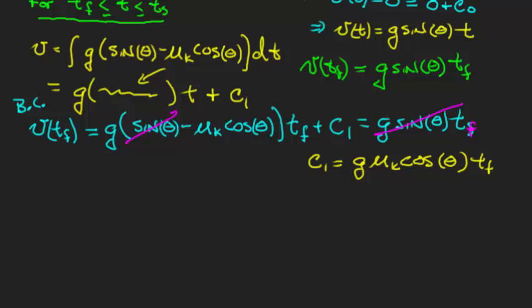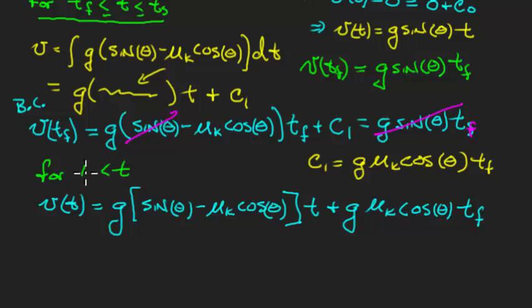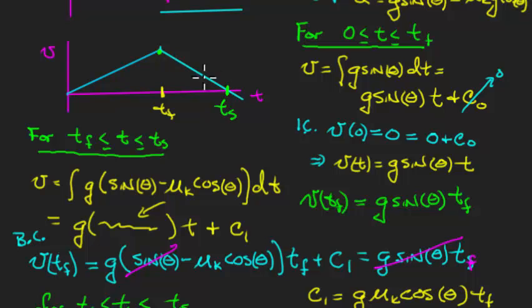So I've got g sine theta minus mu k cosine theta, times t, plus c1, which was g mu k cosine theta tf. Whew, that's a pretty long expression for my speed as a function of time. Remember, this is just for t between tf and that end time, ts, that stopping time. So it's only good for this second interval right there.